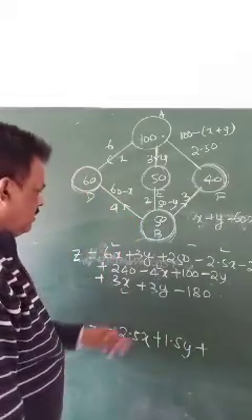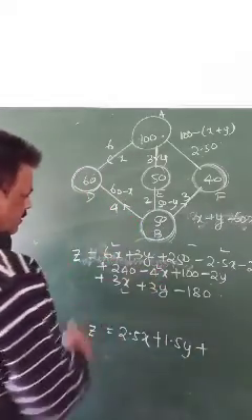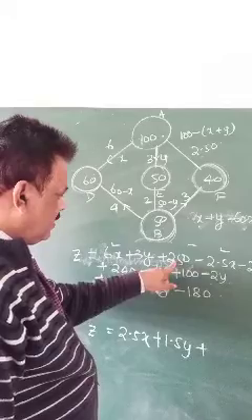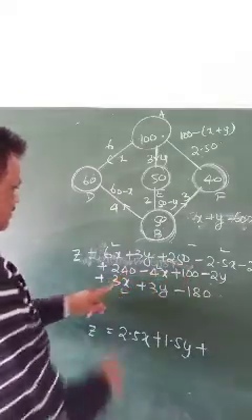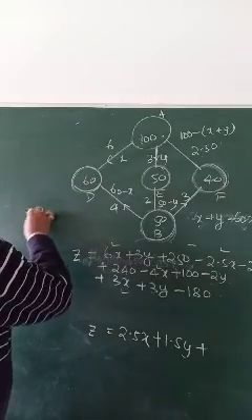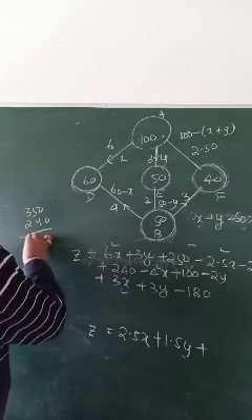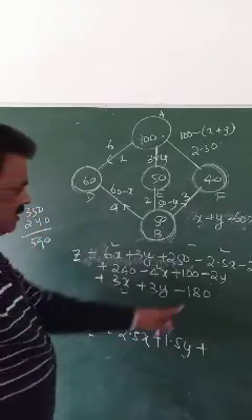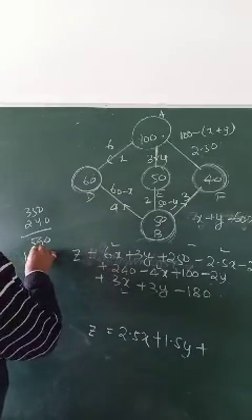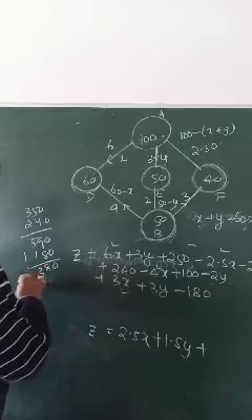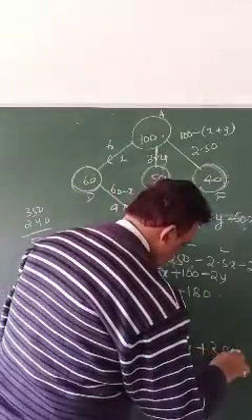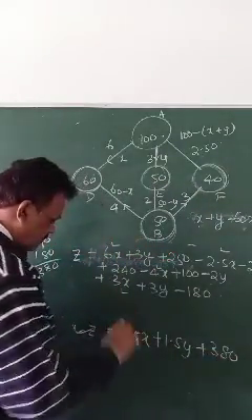Z: 250 plus 100, 350 plus 240, 590 minus 210, 380. This is what you have to minimize.